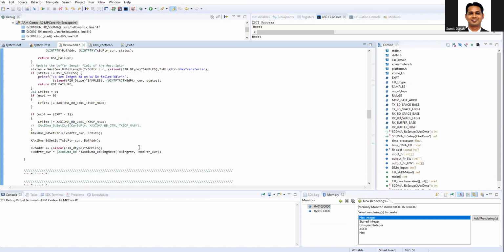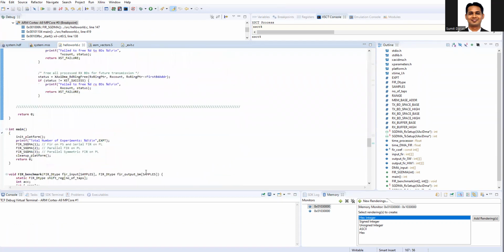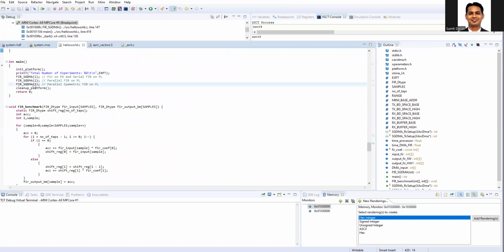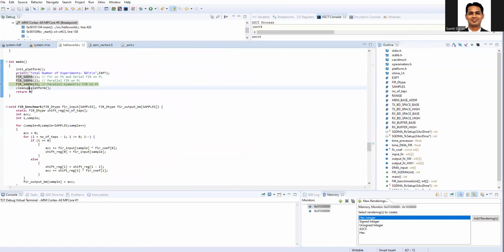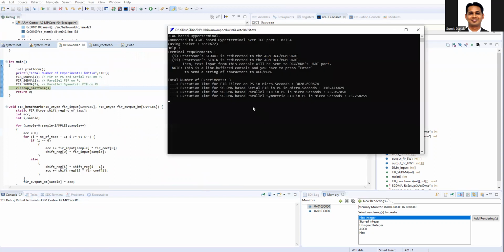The same process will happen when you call this function again with the input as 3. In the third case, it will call the DMA which is connected to the symmetric parallel FIR filter.